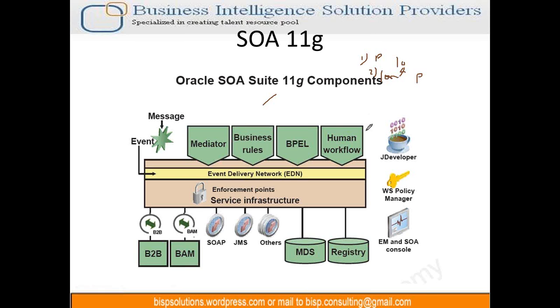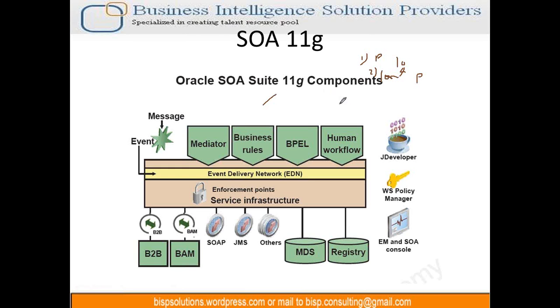Then comes the concept of human workflows. Suppose I have a business process where somebody has put in an order and I say, is the order value more than the credit limit? If yes, it has to be approved. So when I say approval, it means I'm asking a human to intervene in the business process.